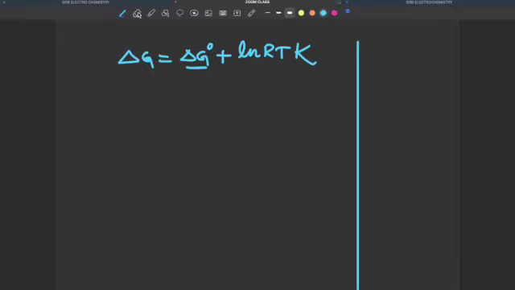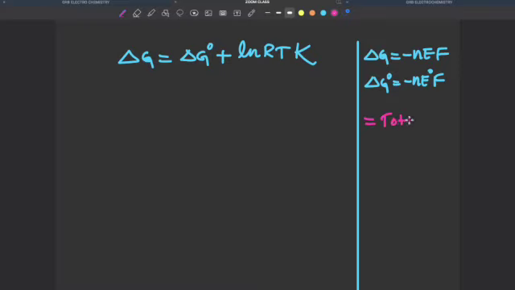In the last class we have already seen what del G is. Del G is the work done, which equals minus NEF. Do you remember this formula? Similarly, del G naught can also be written as minus NE naught F. So you can use these two formulae here. The work done in any galvanic cell equals the charge transfer.